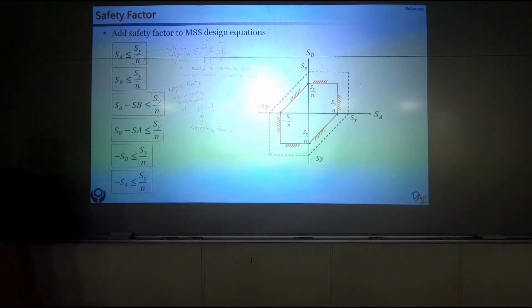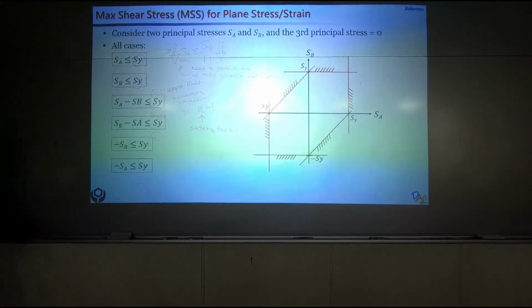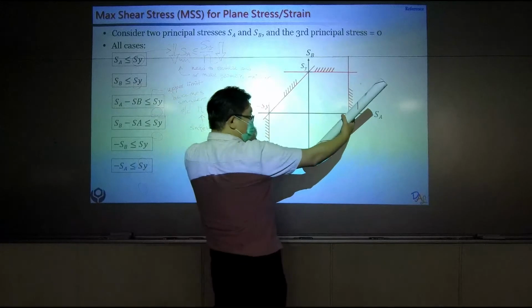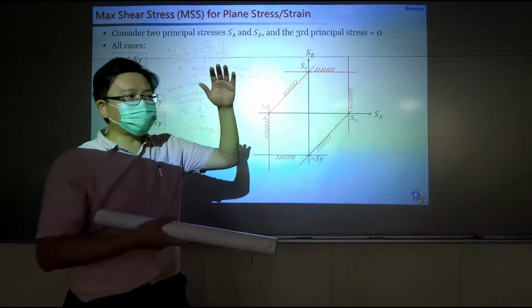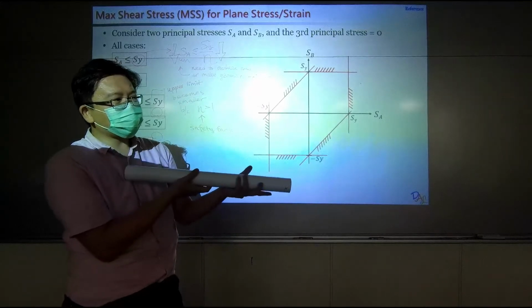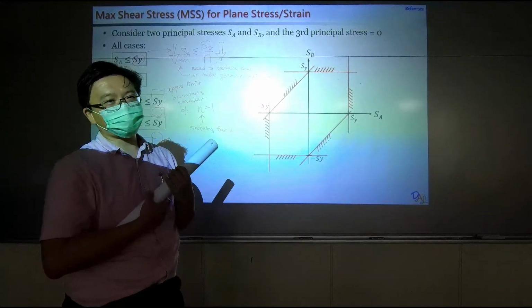In the previous slide, if I don't have a safety factor, my design region is larger, I can carry greater loads, I can have a smaller design, but it's more dangerous.